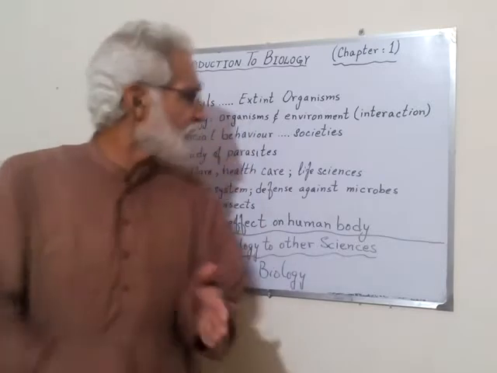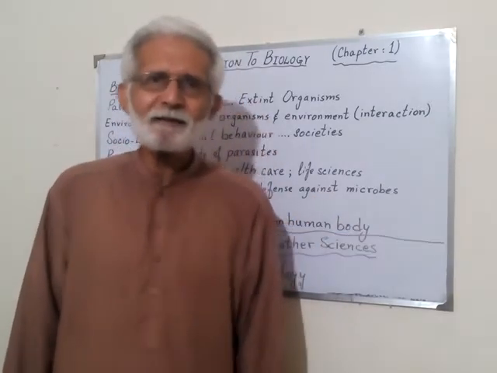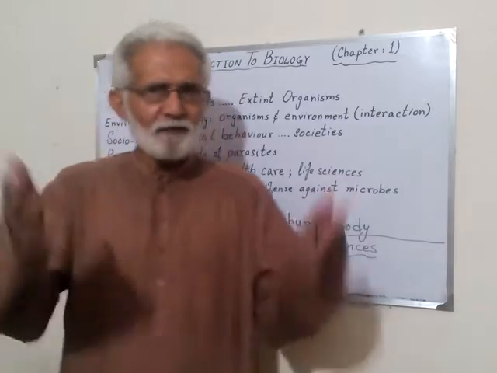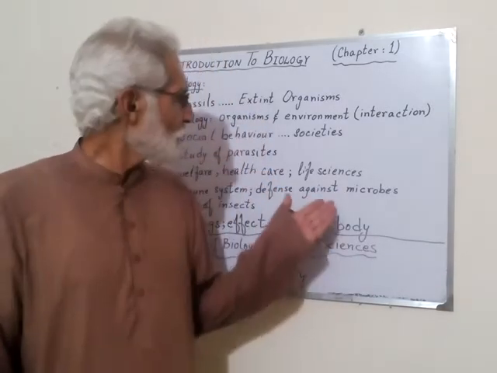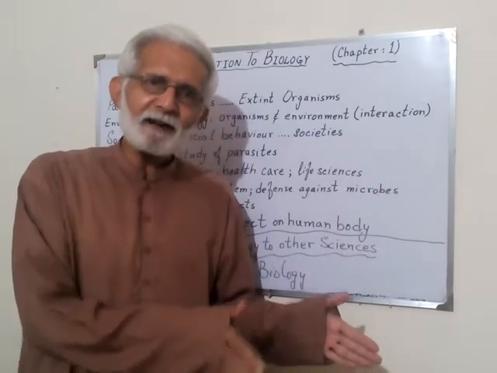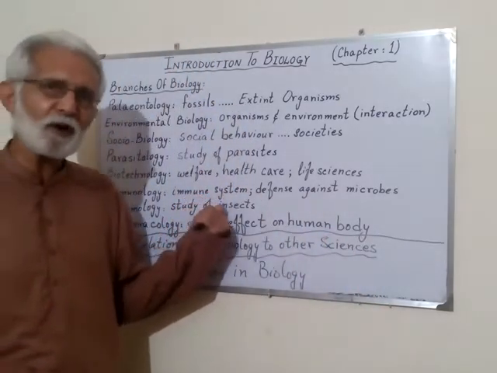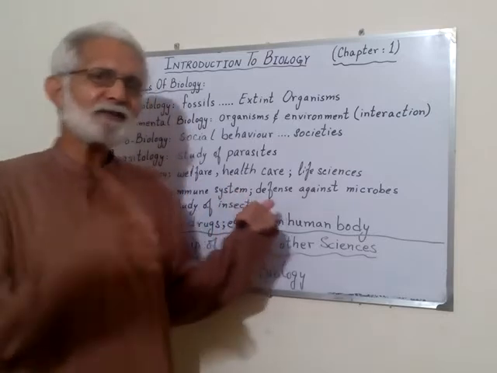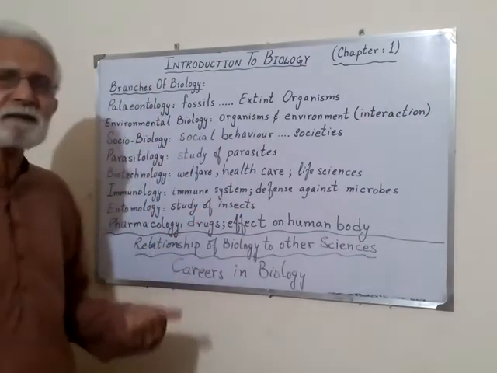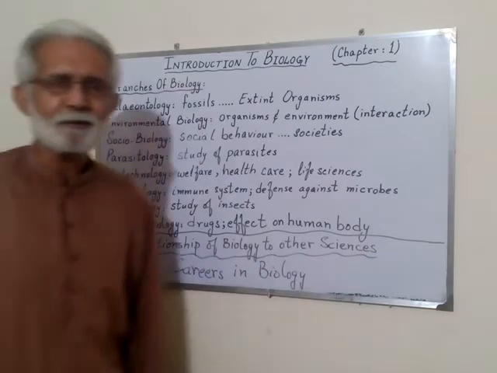What is the immune system? It is defense against microbes. We can't see COVID because it is a microbe. So for defense against these types of microbes, your immune system should be strong. And the branch in which we study the immune system and this defense against microbes is immunology.